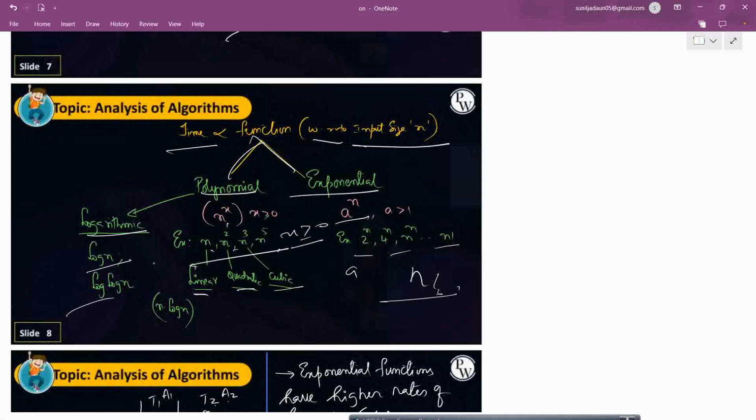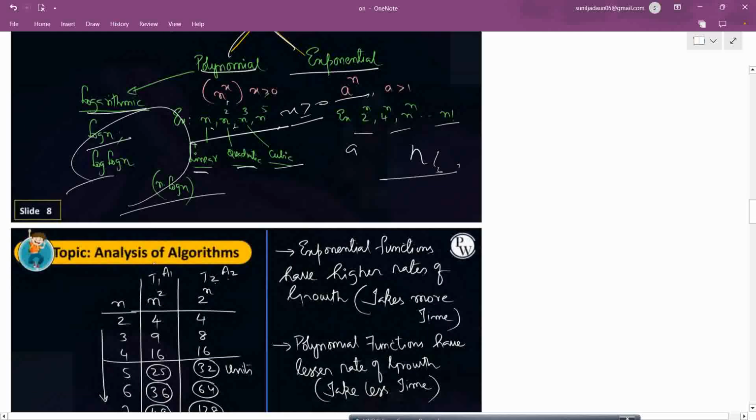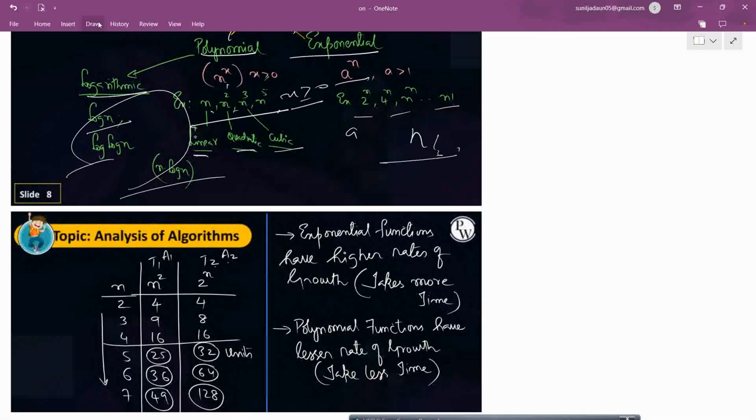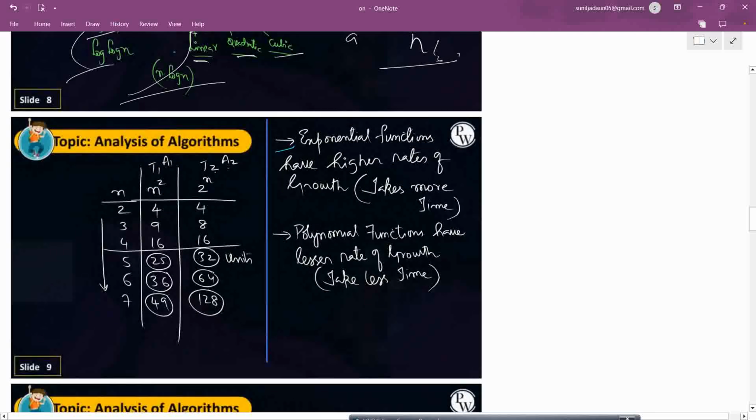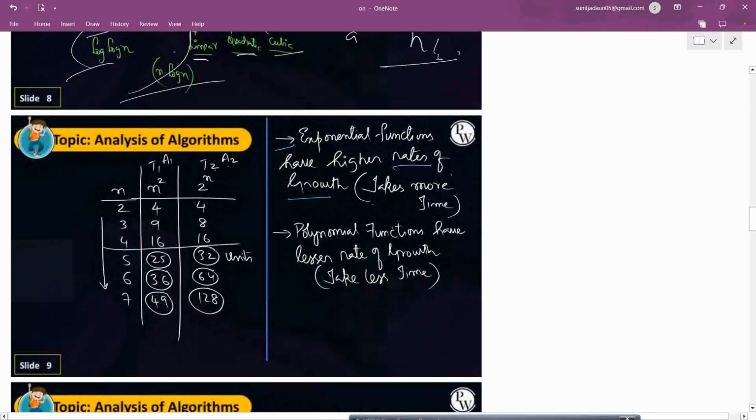So the exponential functions have higher rates of growth and take more time. For example, for n equal to 2, n square is 4 and 2 to the power n is 4, but after 4, exponential grows much faster than polynomial, right? Polynomial functions have lesser rate of growth and take less time.